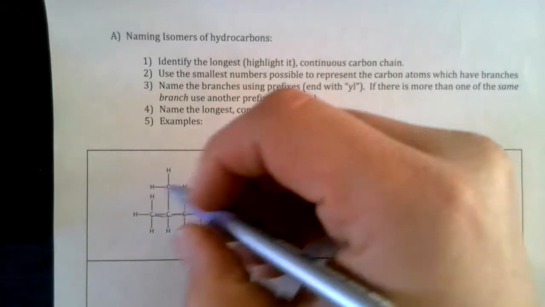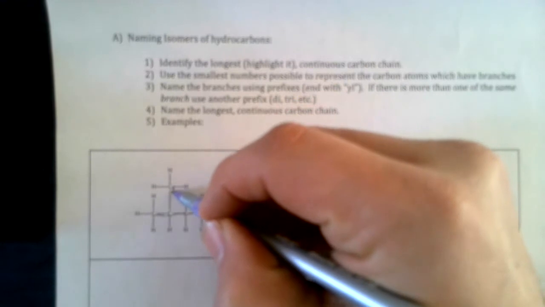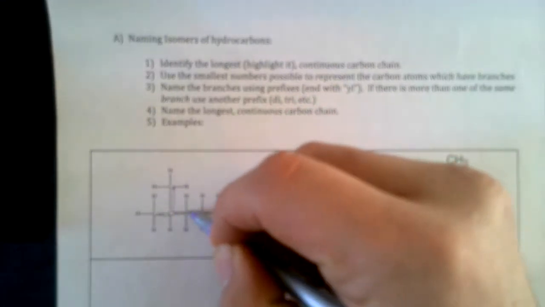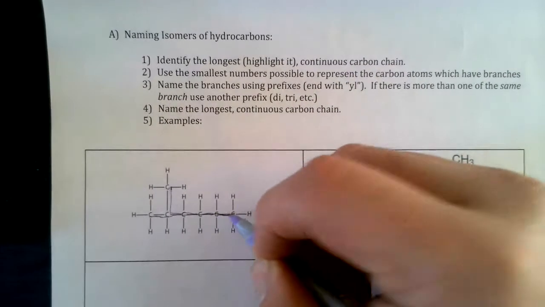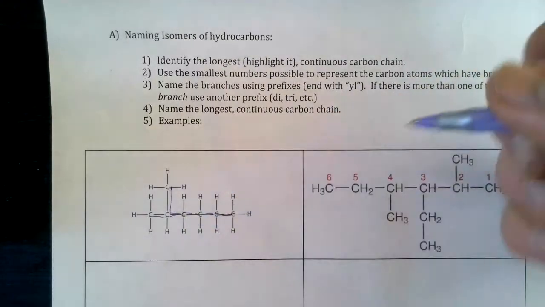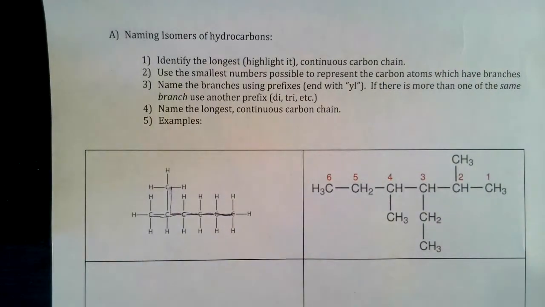Or if you started from this carbon, you would get the same result of a 6-carbon chain. 1, 2, 3, 4, 5, 6. So either way you do that, for this drawing, you would get a 6-carbon chain as the longest.